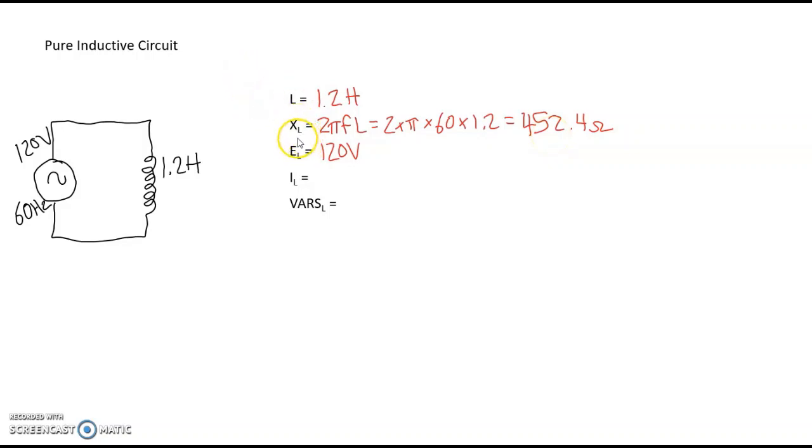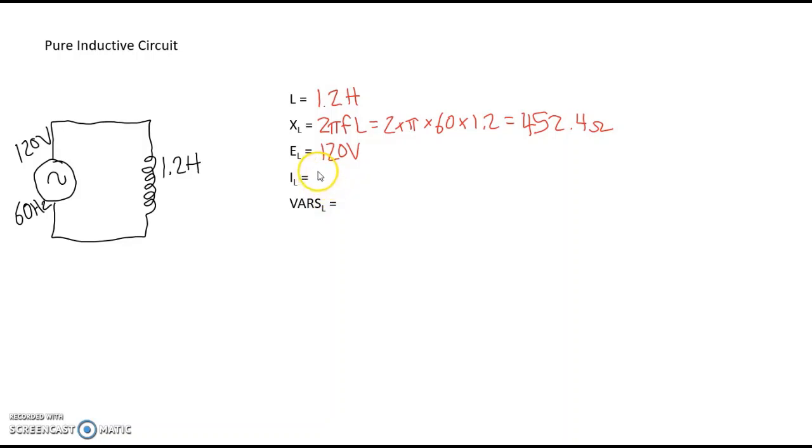Now that we have the voltage across the inductor and the inductive reactance of the inductor, we can use Ohm's law to calculate the current through the inductor.